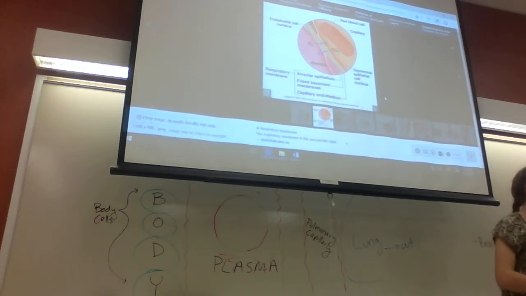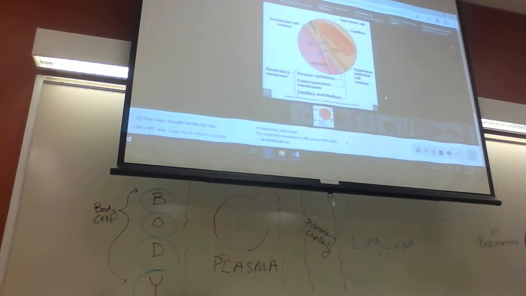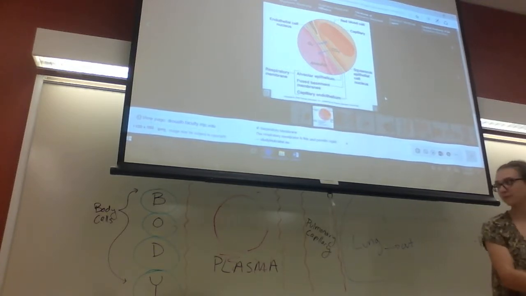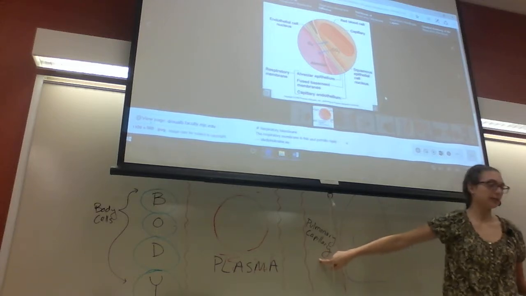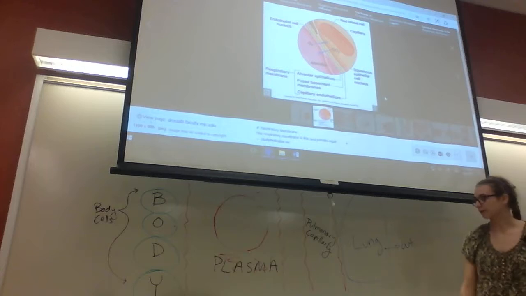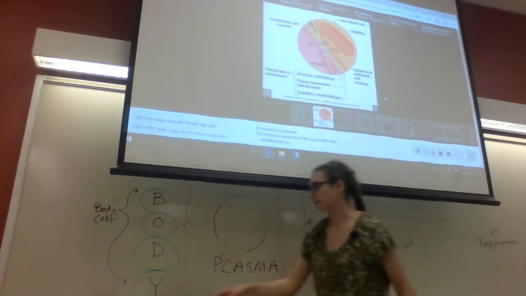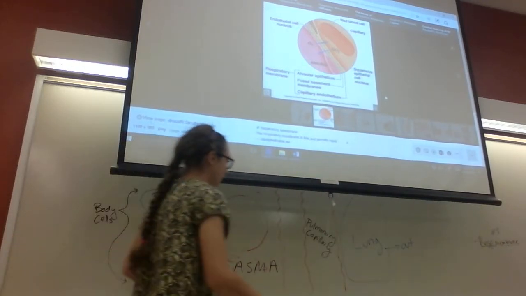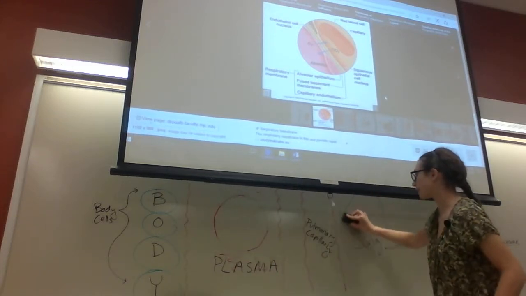So in order for a respiratory membrane to exist, you need a capillary. You need alveoli, which is in your lung. Maybe I should draw an alveoli, that would be a lot more anatomically correct. And then you need a basement membrane, which is right in between.